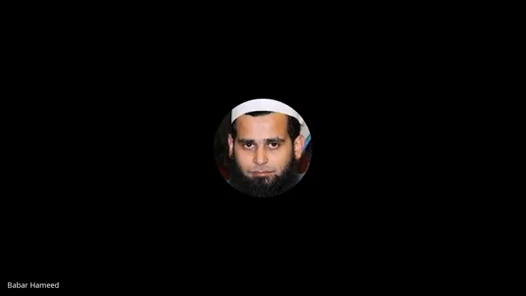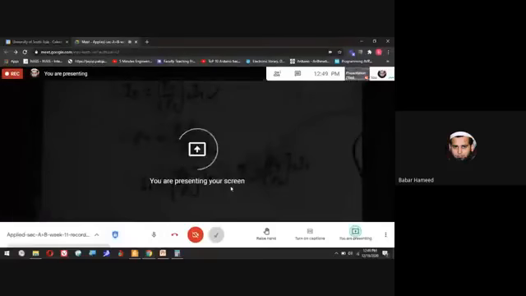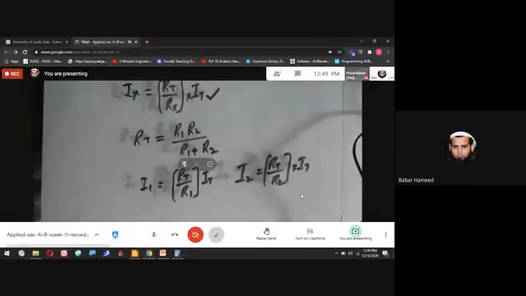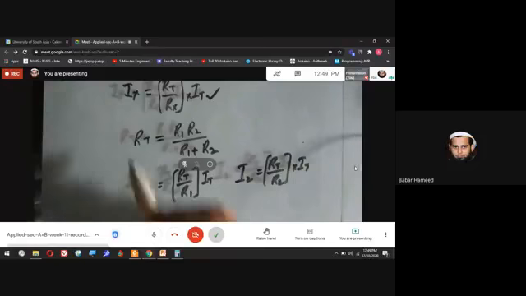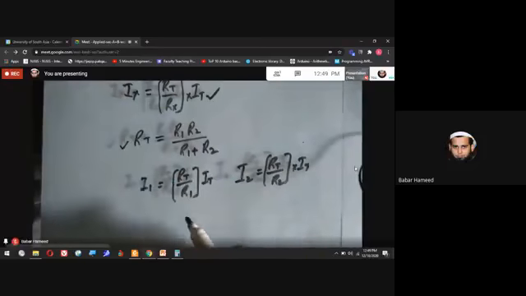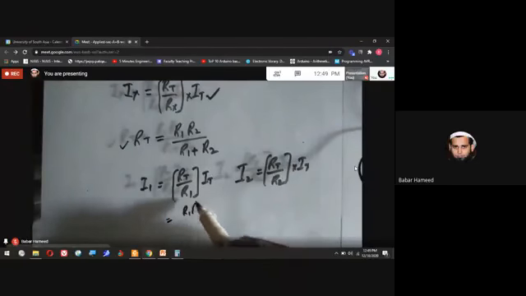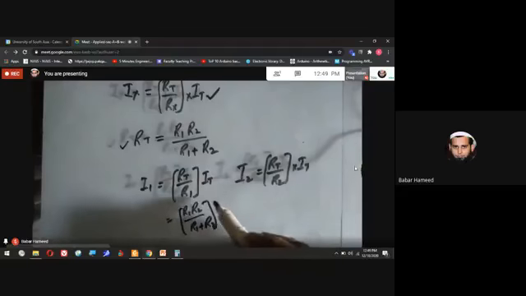Let's have a look. Put the value of RT from this formula here: R1 times R2 divided by R1 plus R2, and we are left with R1 times IT.